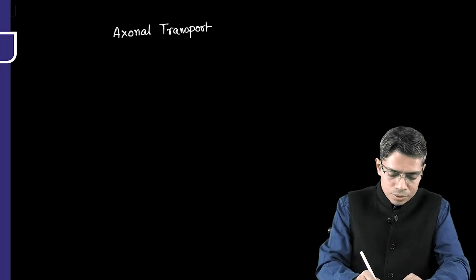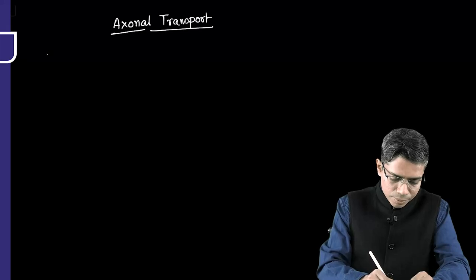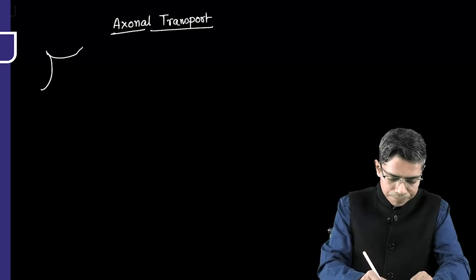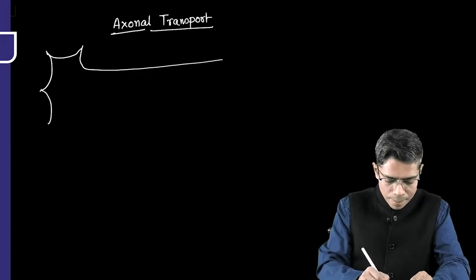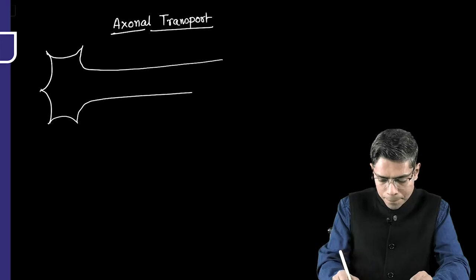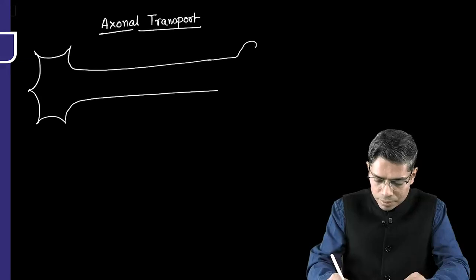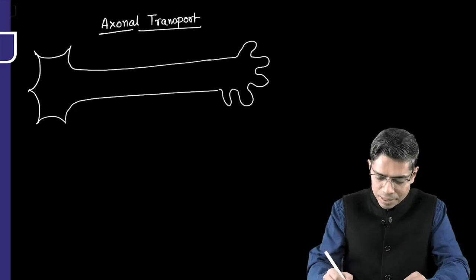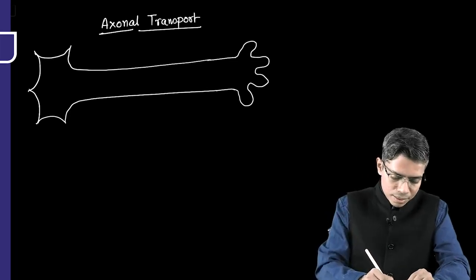So how does axonal transport occur? I am drawing a diagram. The diagram is important. This is a neuron, although the shape of the neuron is not typical. This is the cell body.